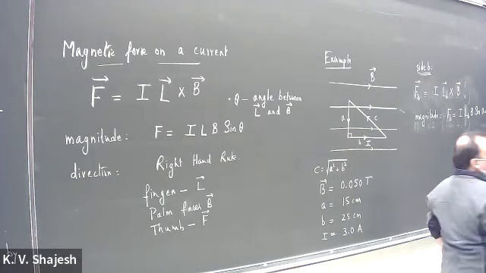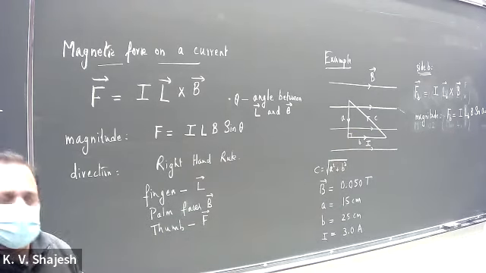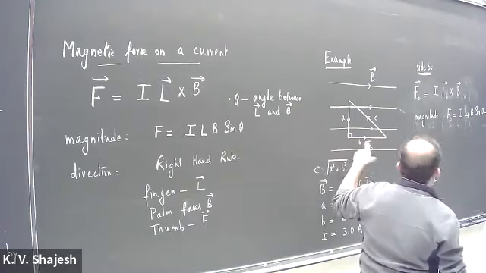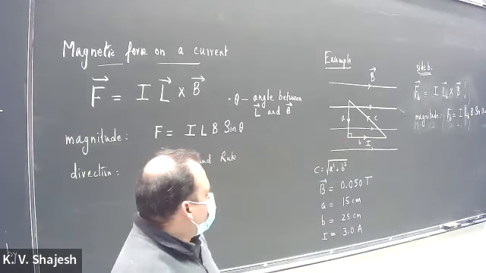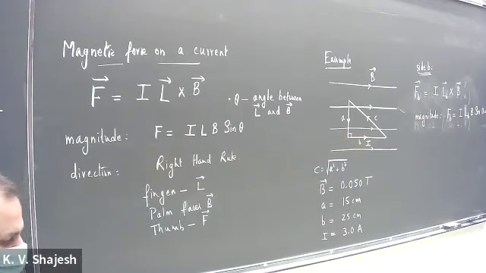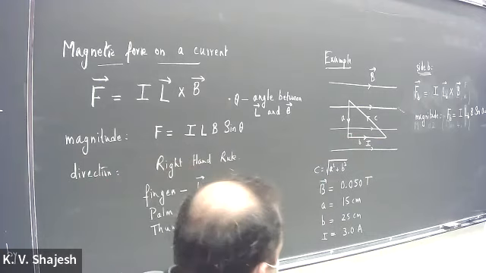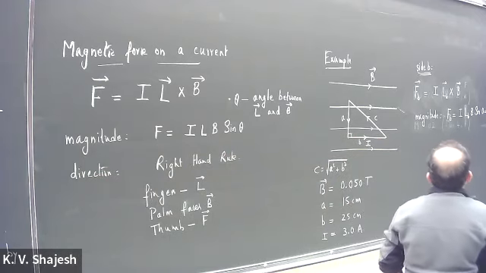So that's what I was trying to say, that you should try to decide from life. Just by looking at the diagram, you could have said, oh, that particular piece of wire from this point to this point is not going to experience any magnetic force, since the wire is in the same direction as the magnetic field. And unlike electric charges experiencing a force from an electric field, when you're moving in the same direction as the magnetic field, then the magnetic field does not sense you, and so it doesn't exert any force on you.